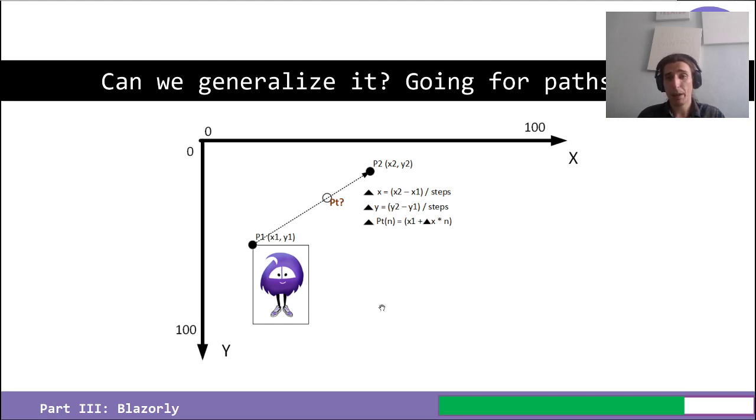Again, we assume all paths are linear, so we don't have any curves in it, which makes it much easier. And paths don't have to be closed. Okay, task: we need to think about how we can program it, how we can make Blazorly move along these path lines.